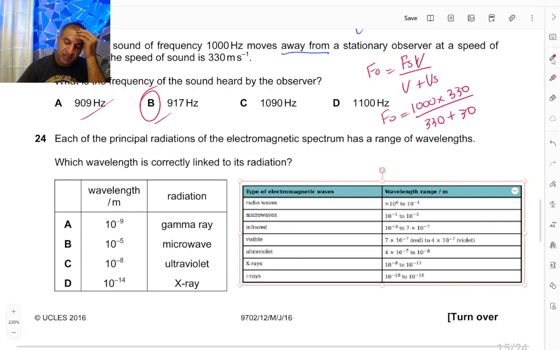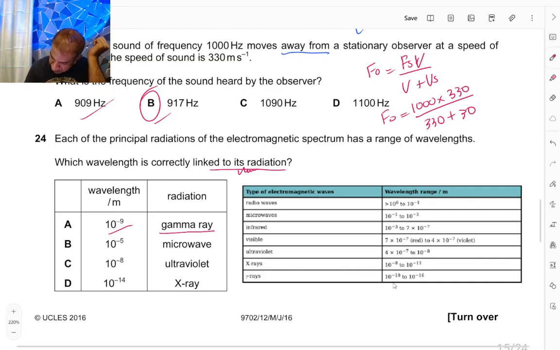Each of the principal radiation of the electromagnetic spectrum has a range of wavelengths. Which wavelength is correctly linked? The target is to find this out. Let's see. Gamma radiation, gamma ray has a wavelength of 10 raised to power minus 9.